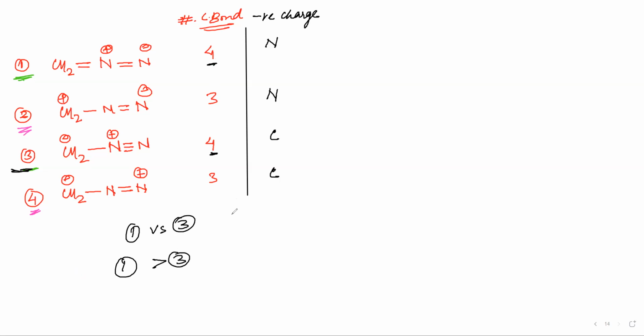Now we have 2 versus 4, because the number of covalent bonds is the same in both. Now we look at the negative charge. In 2 it is on nitrogen, and in 4 it is on carbon. That means 2, then 4.